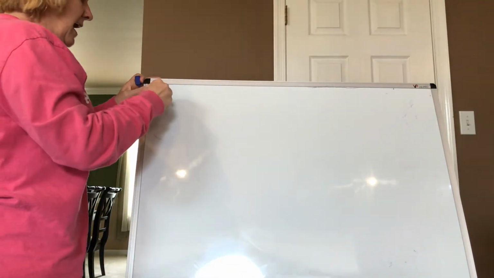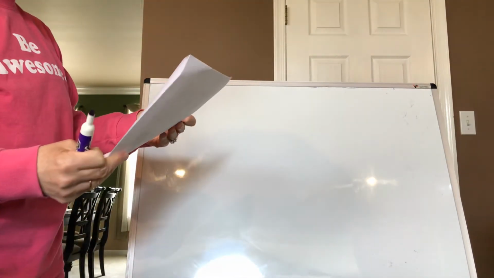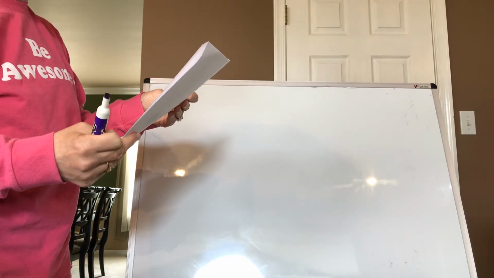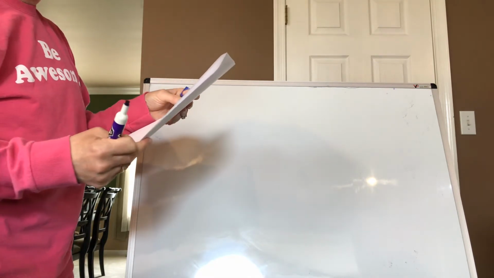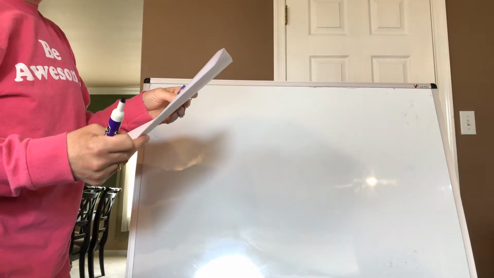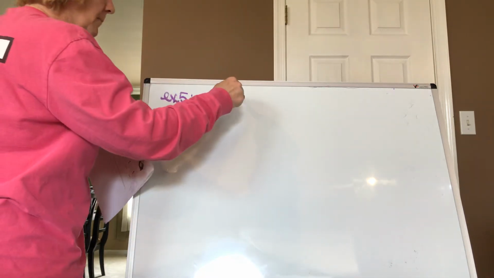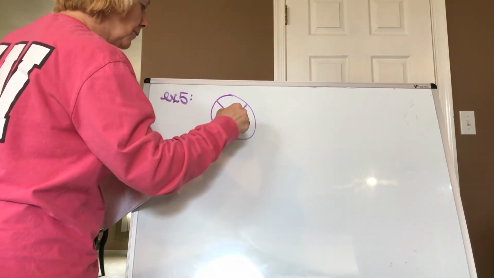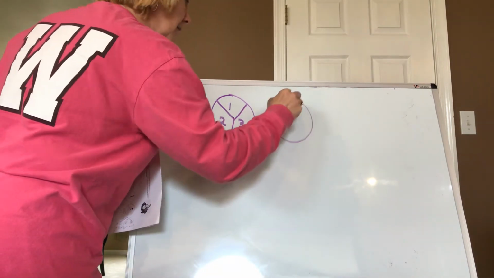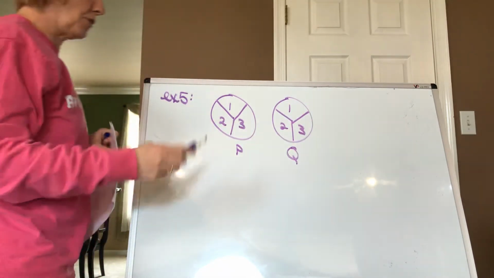Okay. Example 5 says this. Spinners P and Q are shown below, are divided into congruent sections. The arrow on each spinner will be spun once. The number in the section where the arrow lands on spinner P will be added to the number that it lands on Q. So 1, 2, 3, this is spinner P, and then 1, 2, 3, that is spinner Q. So you understand what's going to happen.